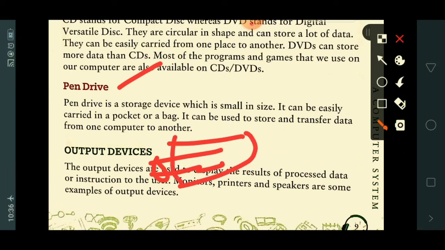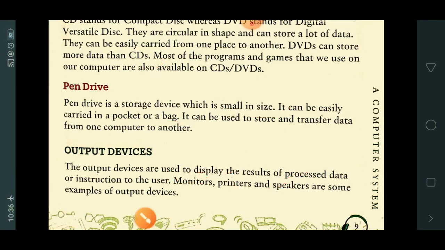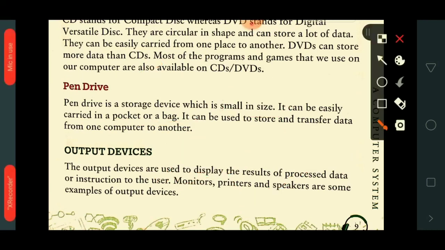It is also used to store data. It can be easily carried in a pocket or a bag because it is very small in size, right? It can be used to store data and transfer it from one computer to another.